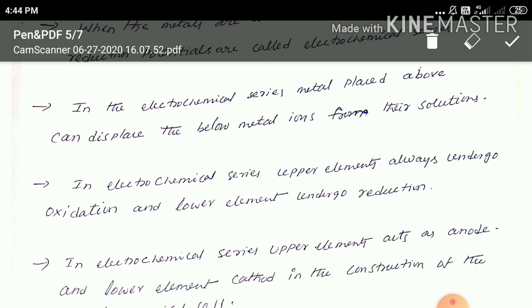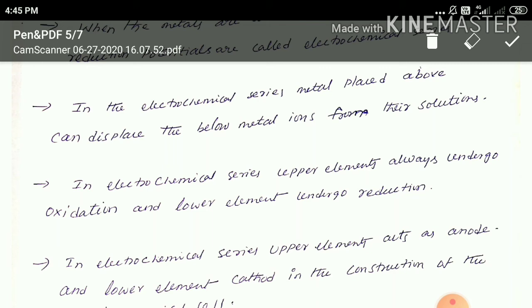For example, if you take copper sulfate solution and add zinc metal to it, what happens? A reddish brown precipitate is formed on the zinc metal or at the bottom of the solution, and finally the blue colored solution turns colorless. How does it happen? Here the zinc metal displaces Cu plus 2 ions into Cu.